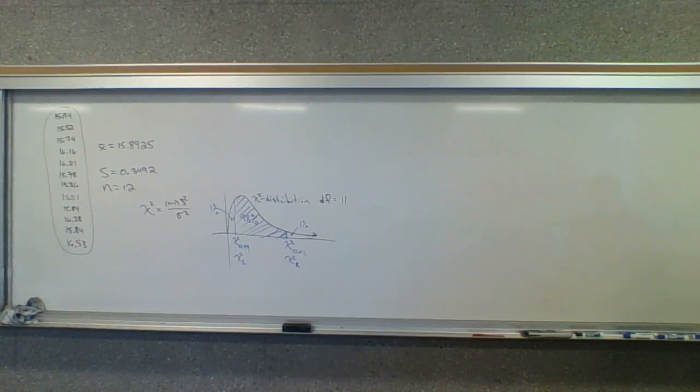Here, let me show you what that looks like. So if you have your book, go in the back. You got to find chi-square distributions. What is this x2? Oh, chi-squared. So I'm looking for either of these two.